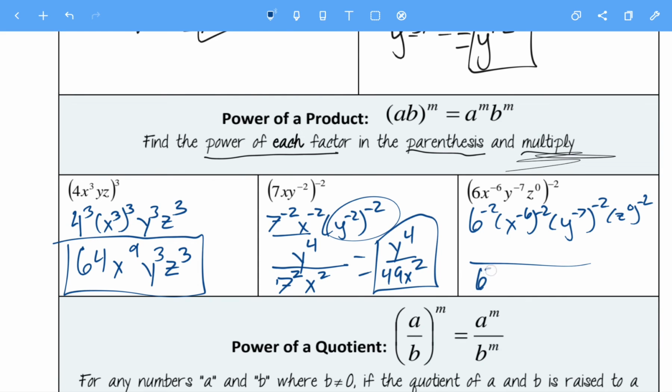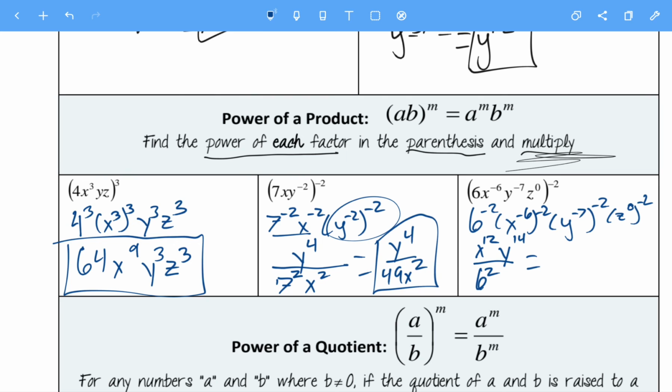It's going to be 6 squared. On top, we get x to the negative 6 raised to the negative 2. That becomes x to the 12th. Y to the negative 7 to the negative 2 is y to the 14th. And z to the 0 to the negative 2, that is just going to be 0, which gives us a 1. So we're done with that.